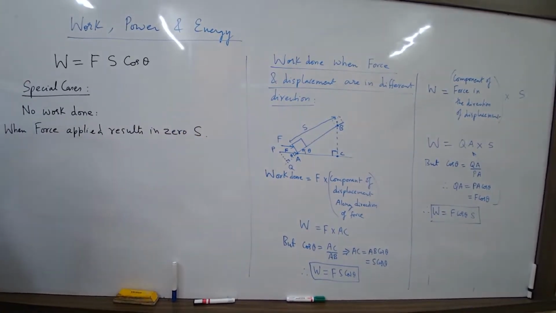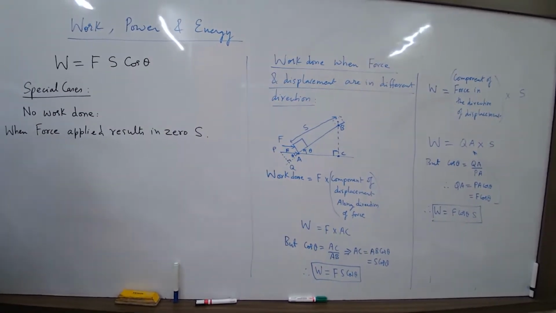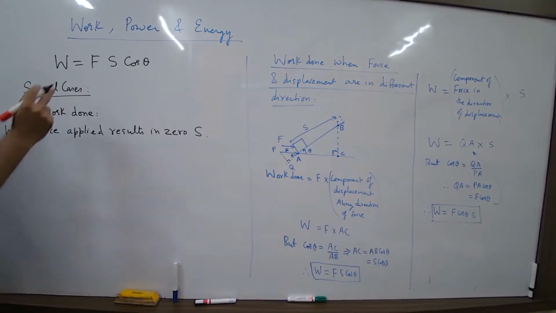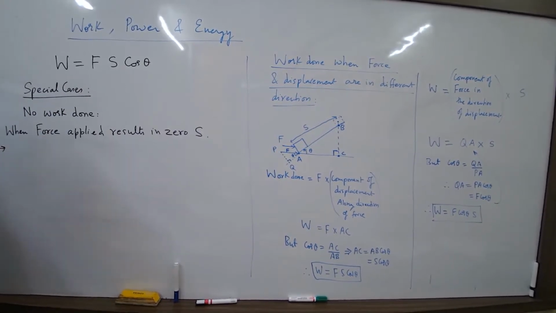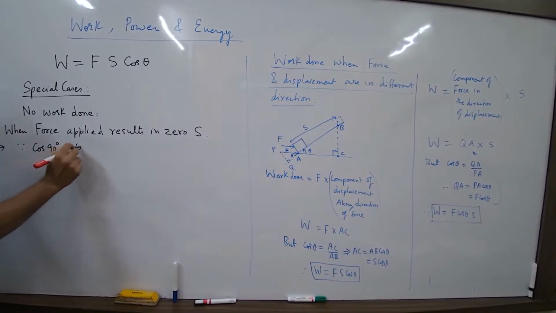Then no work is done because F into zero is zero. This is the first case for no work done. What is the second case? Theta 90, right? Since cos 90 is also zero.